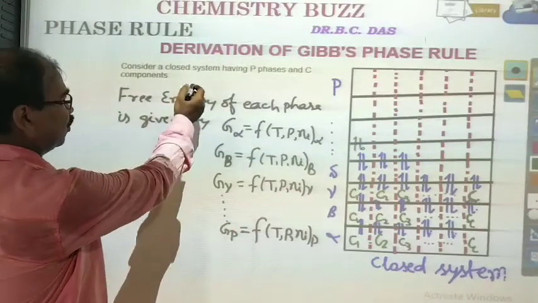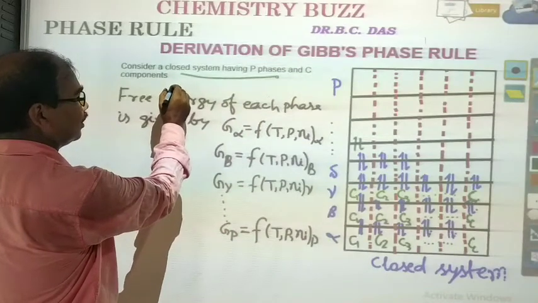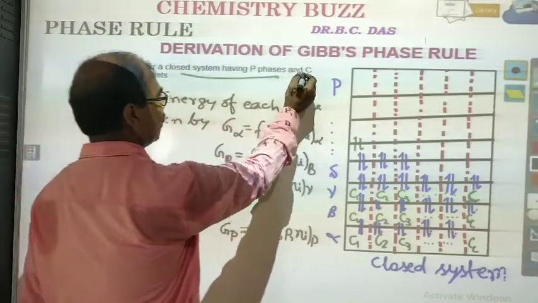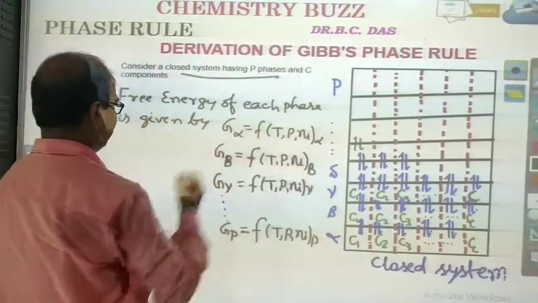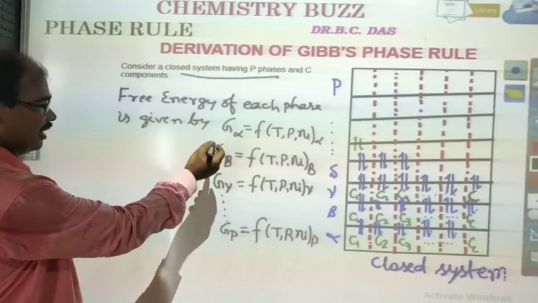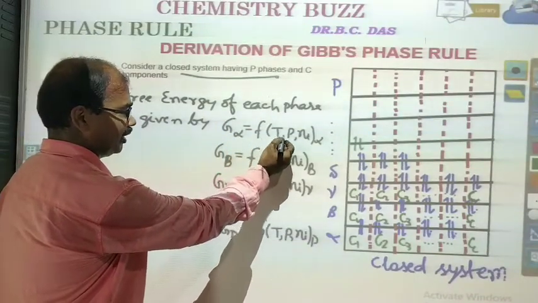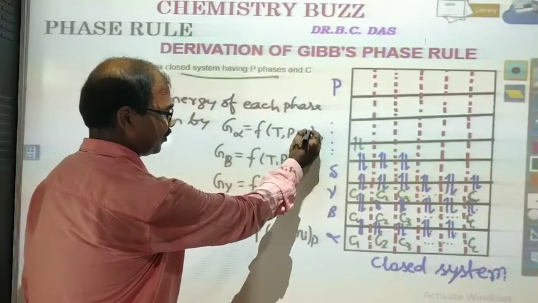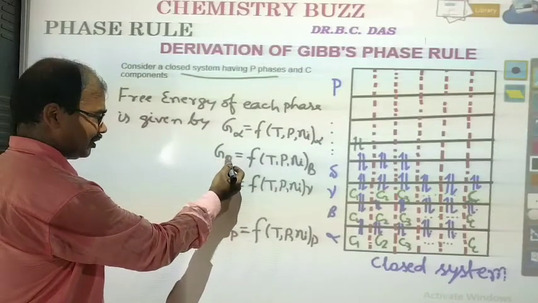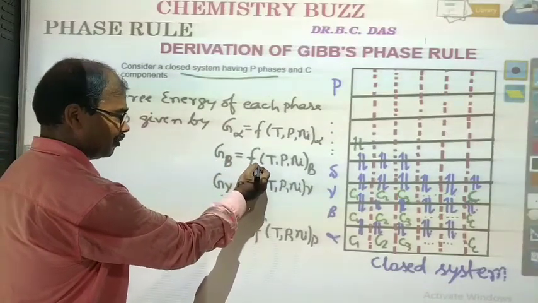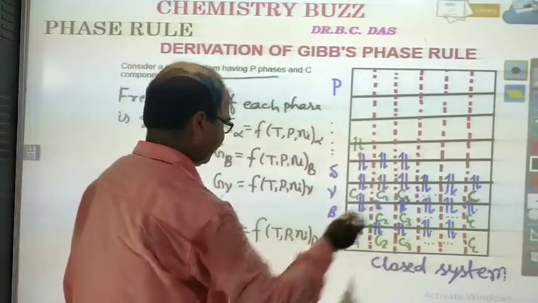For a closed system having P phases and C components, the free energy of each phase can be expressed as G alpha is equal to a function of T, P, Ni alpha, and G beta is a function of T, P, Ni, where the temperature and pressure of the system remain constant.